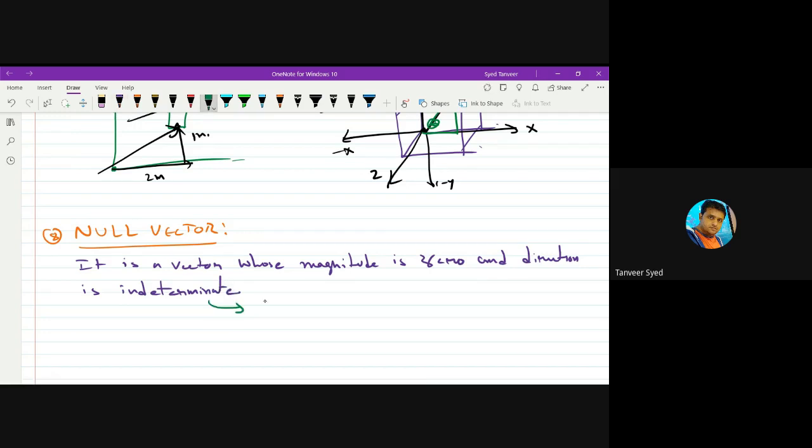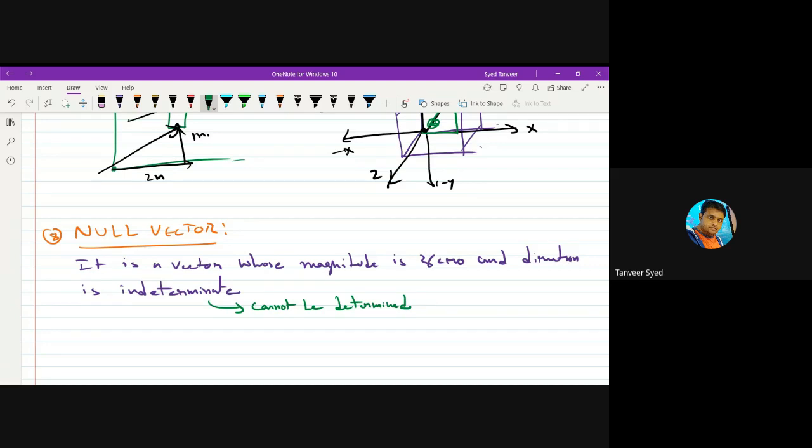Indeterminate means which cannot be determined. So a vector whose magnitude is 0 and whose direction is not known, you call it a null vector.